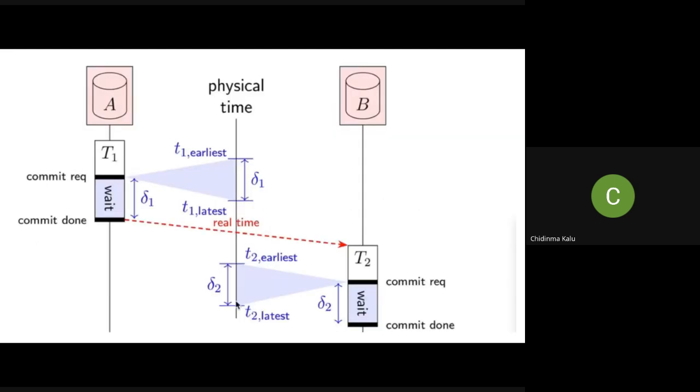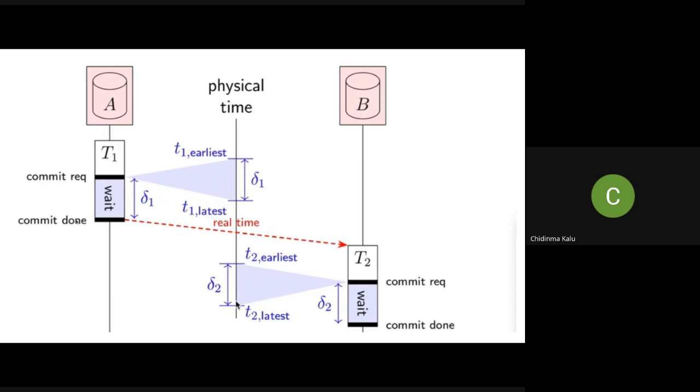But I have a nice diagram that I took from Martin Kleppmann's video. You see node A and node B. T1 is transaction 1, which makes a commit request, and you see the earliest time and then the latest.